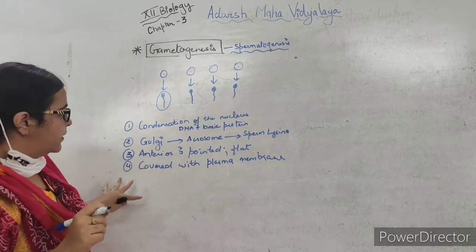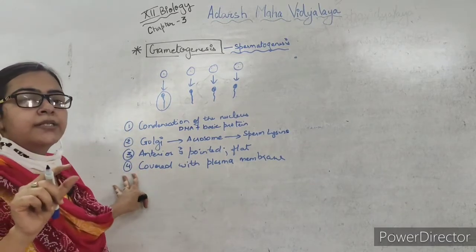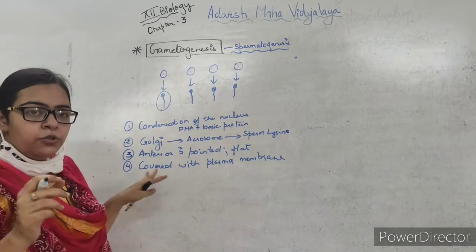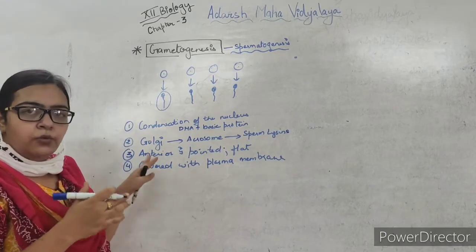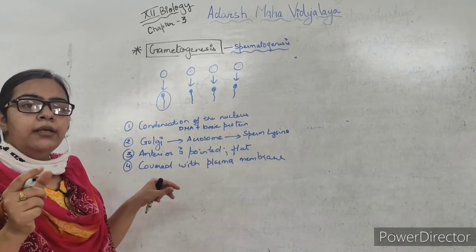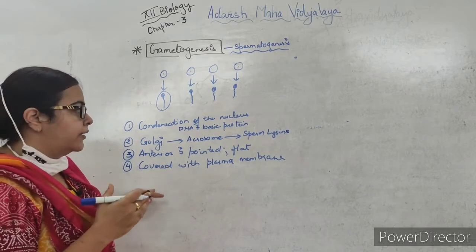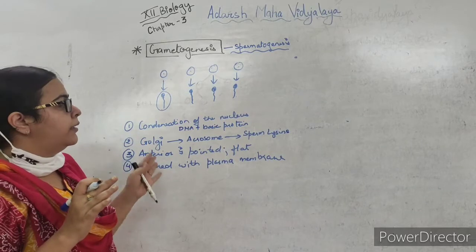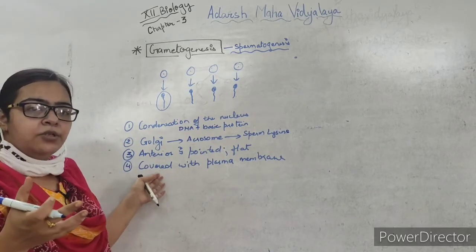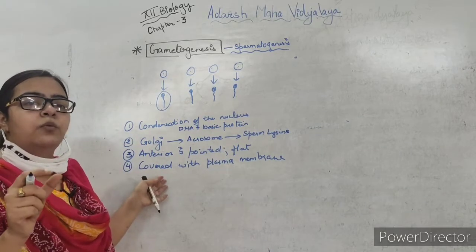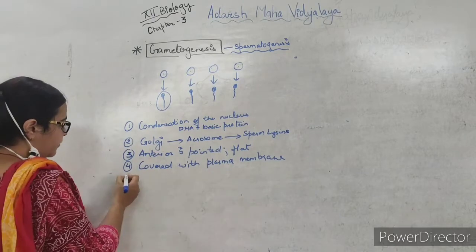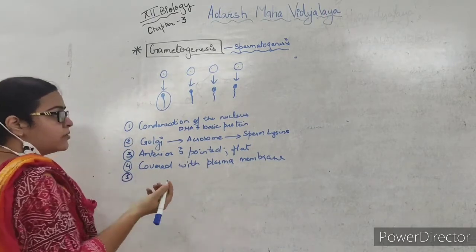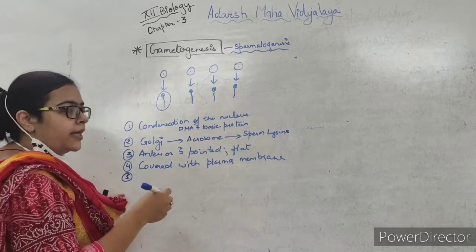The cytoplasmic structure will only be present in the tail region. So when the sperm reaches the ovum, it will only give its genetic material to the ovum. No cytoplasmic content will be required in the fertilization process. So the cytoplasm is only present in the tail region, because there is no requirement of that cytoplasm inside the ovum.